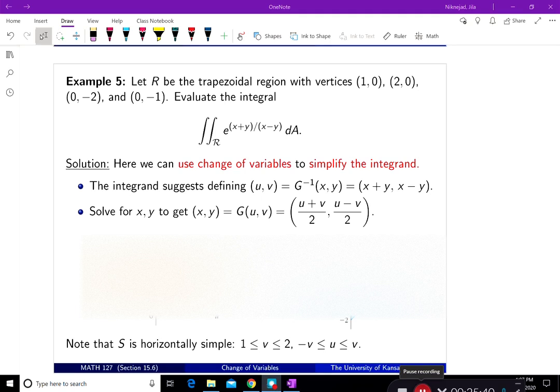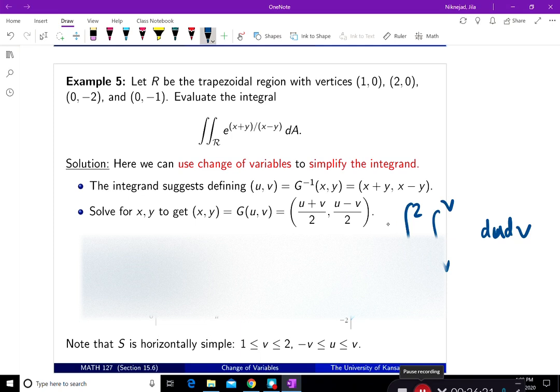Now that we have the Jacobian, scaling factor, and so on, let's try to set up the integral. I see that there's one way I can make this a simple region, and that's if the inner variable is in direction u, and therefore I have to take the antiderivative with respect to u first, and u runs from negative v to v, and v runs from 1 to 2.